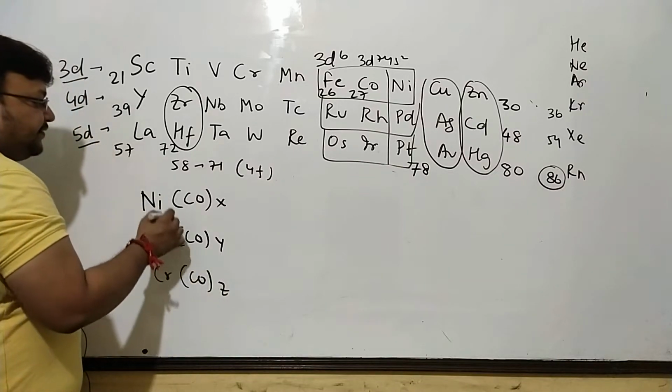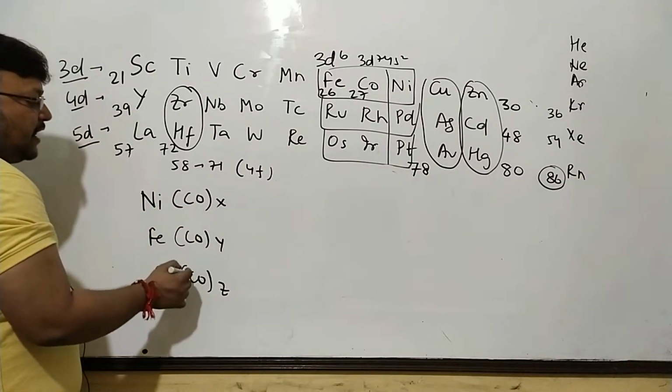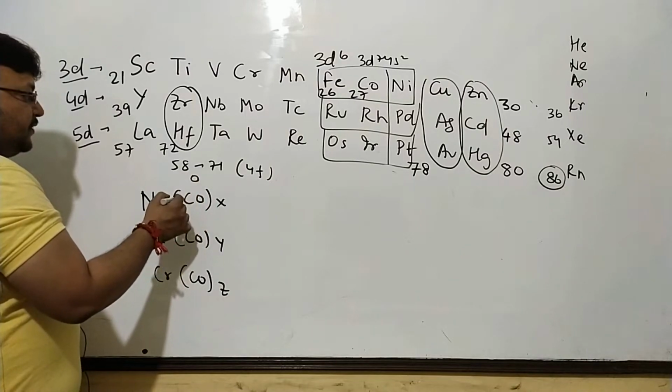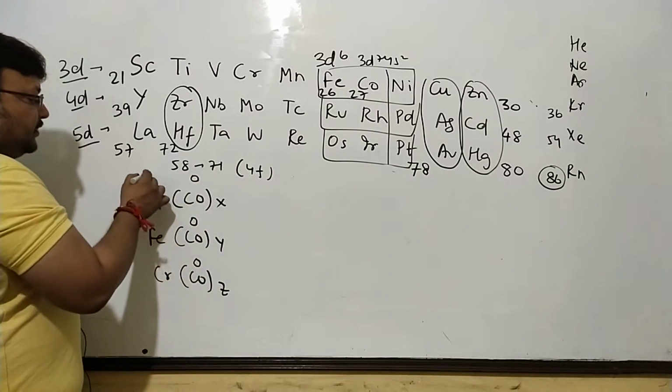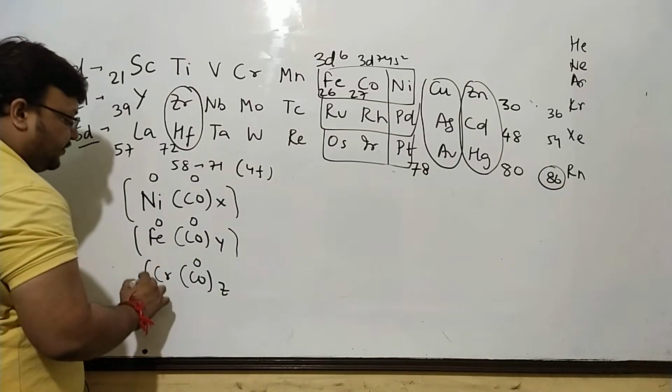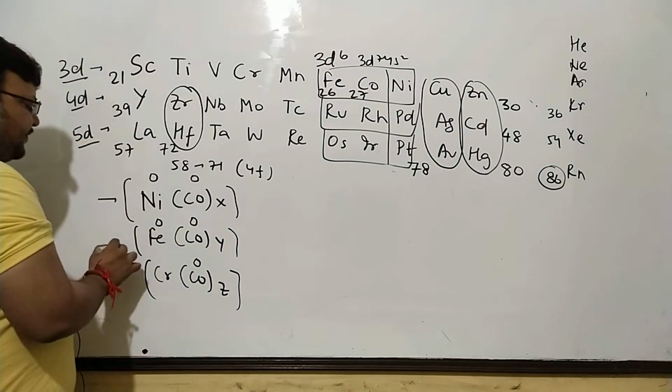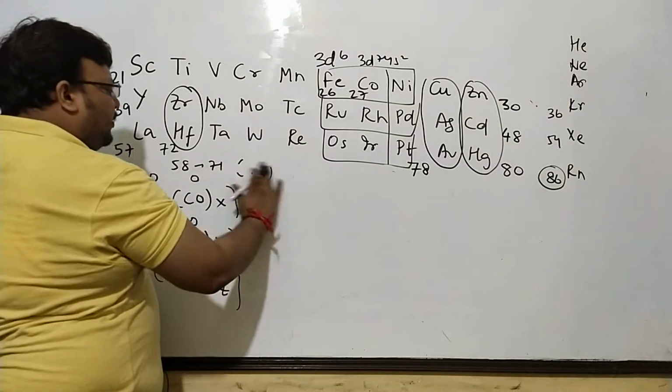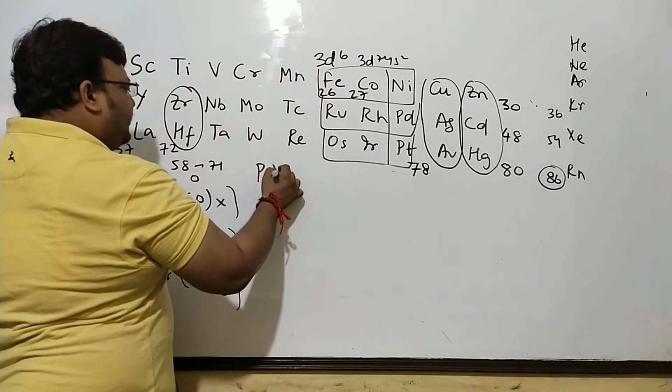Because carbonyl has charge 0, the primary valency of all these complexes would be 0. So for these three carbonyls, I would write that the primary valency is 0.